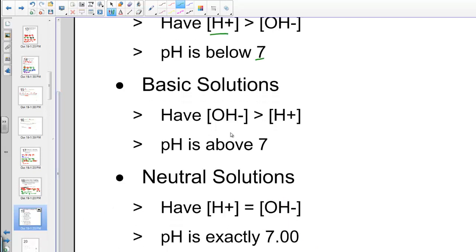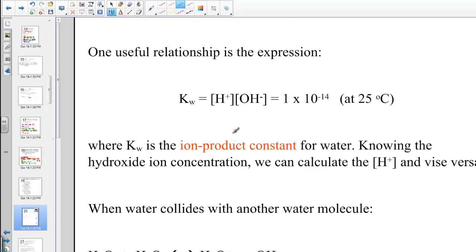So we're about to introduce the concept of measuring how acidic or how basic a solution is with our useful relationship called the ion product constant for water. The constant gets a letter K for constant, and the little w represents water.